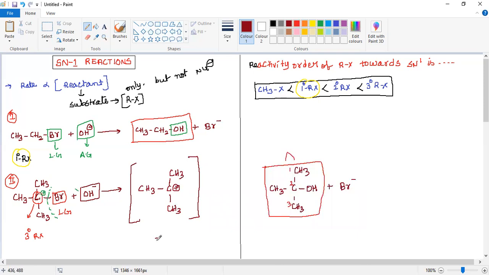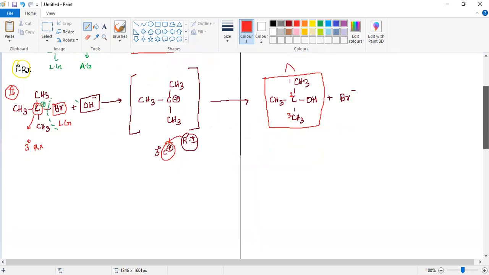What type of carbocation? Tertiary carbocation. It is nothing but the reaction intermediate. The formation of that product mainly depends upon the reaction intermediate. What is the reaction intermediate here, beta? Carbocation is the reaction intermediate. Clear?